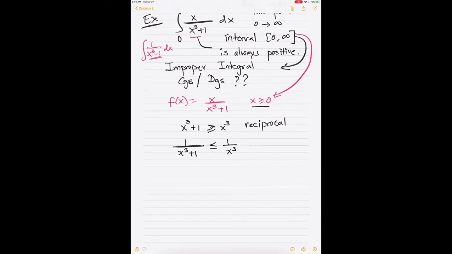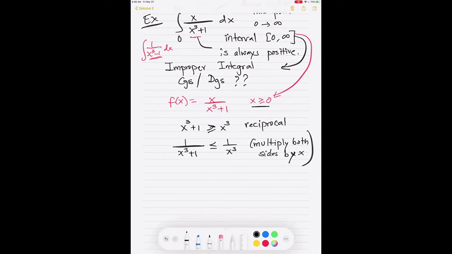So multiply both sides by x. Because x is positive, I don't have to worry about changing that sign in between. And now I'm saying, oh, x over x cubed plus 1 is less than or equal to x over x cubed. So this is f, and this is g.